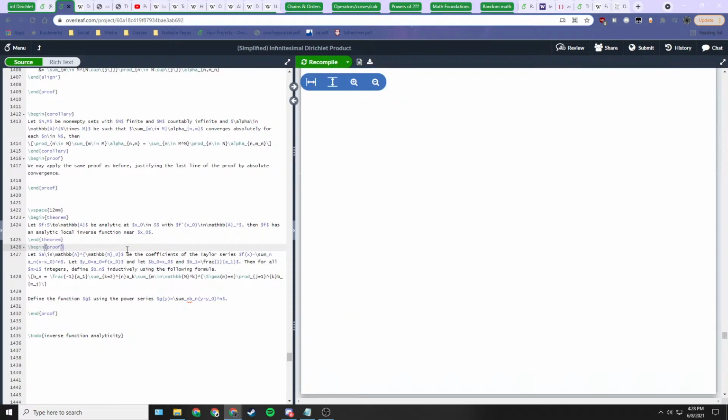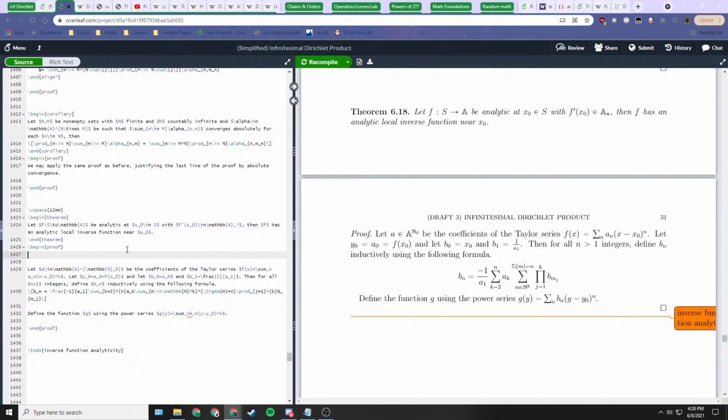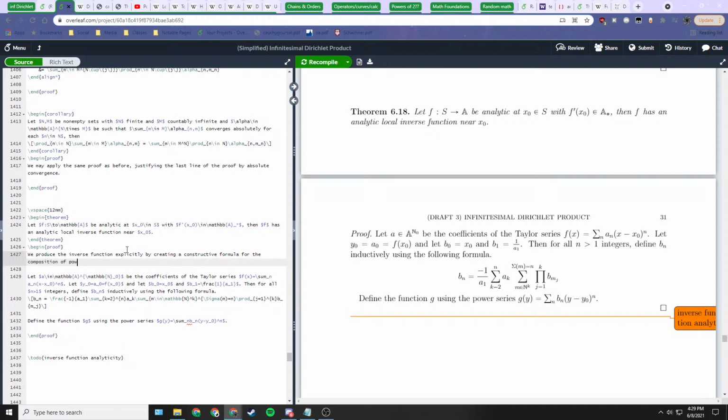In order to justify this, we need an explicit formula for composition of power series. So we'll produce the inverse function explicitly by creating a constructive formula for the composition of power series.